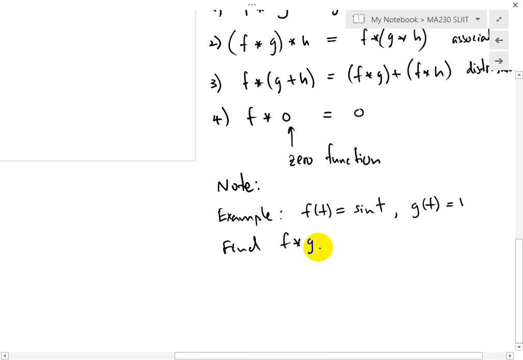We are finding f convolution g, which integrates from 0 to t. The first function, the sine function, is shifted: sine (t minus x). Second function g(x) is still 1, and integrate dx.